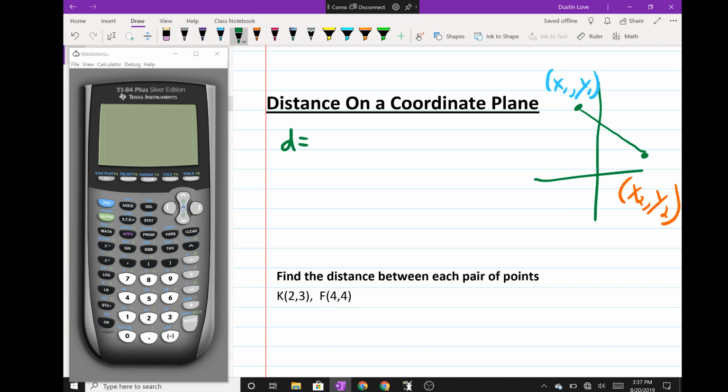Okay. Your formula is the square root of, and I'm going to go ahead and scaffold this whole thing out so I can do my colors in it.